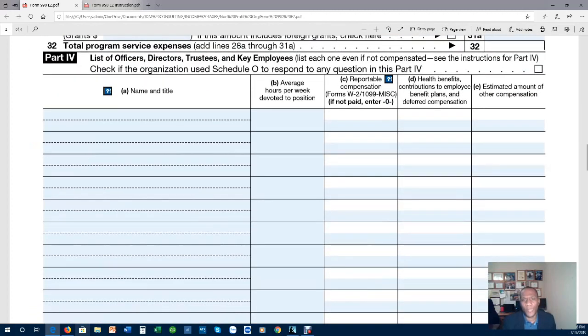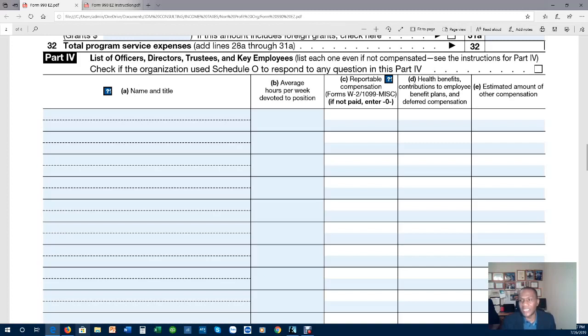Part 4 is the list of officers, directors, trustees, and key employees. Basically, you list each one, even if not compensated for their contributions to the organization, whatever connects them with the organization, you still have to list them here for transparency.